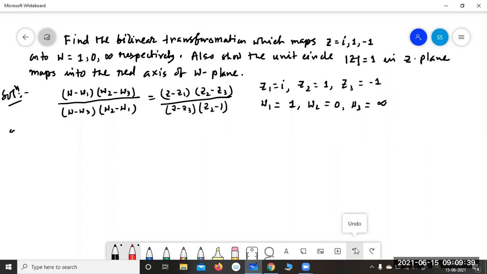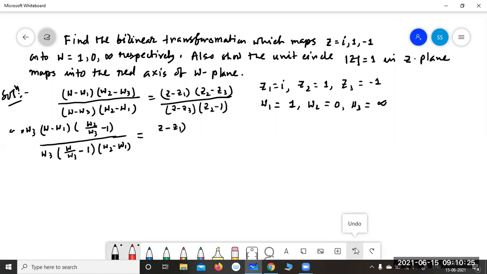So w minus w1, here we can write that w minus 1 into, if we take W3 equal to infinity common here, then it will be w2 by w3 minus 1, divided by, from here if we take common w3, w by w3 minus 1, into w2 minus w1, is equal to what is given here, (z minus z1)(z2 minus z3) divided by (z minus z3)(z2 minus z1).